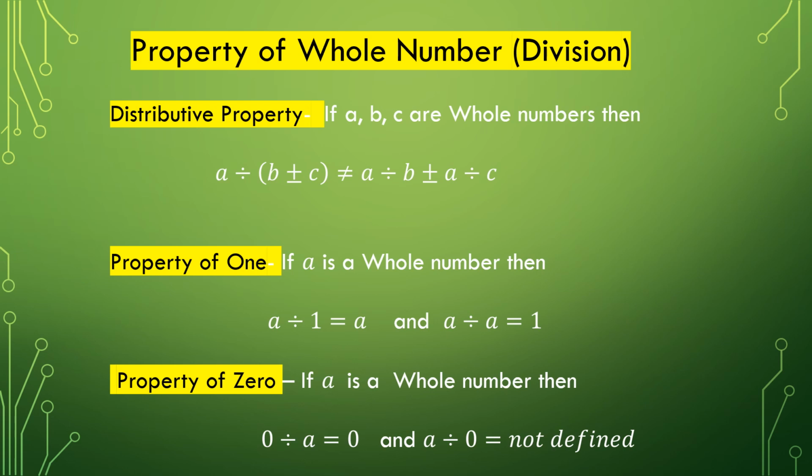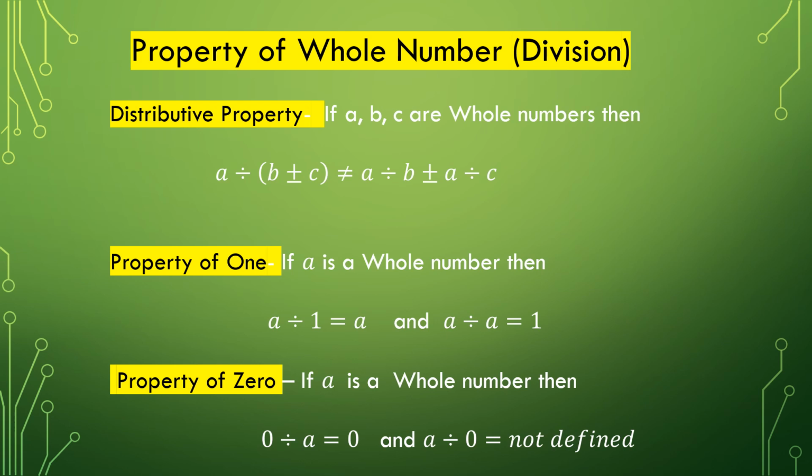Property of 0. If A is a whole number, then 0 divided by A is 0 only. When we divide 0 by a whole number, we get 0 only. But when we divide a whole number by 0, that is A divided by 0, it is not defined.